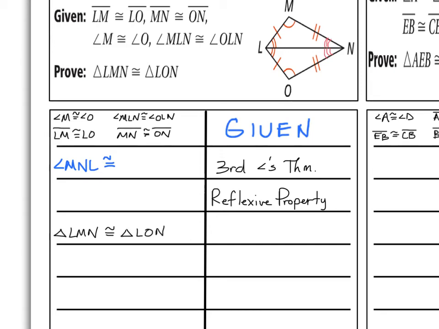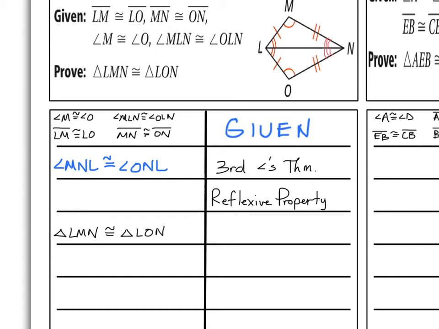So I went M to N to L. So I went one angle marking to three angle markings to two angle markings. I have to do the same thing on the other one. So I have to go 1 to 3 to 2. So the other angle is angle ONL. And they're congruent to each other by the third angles theorem.